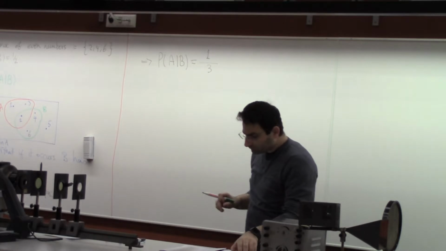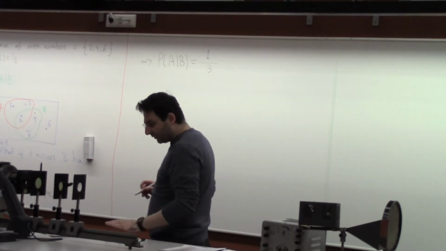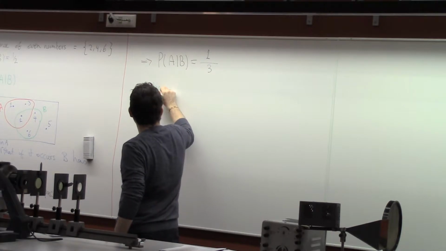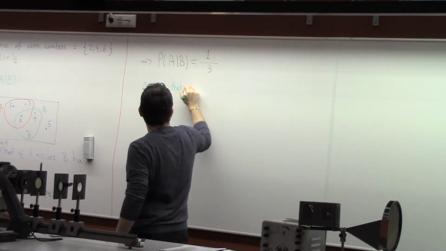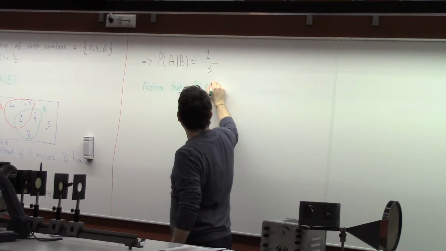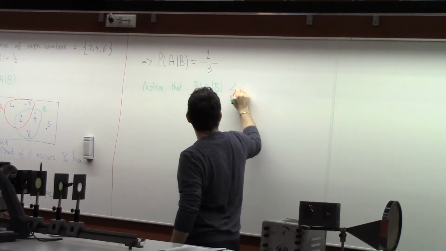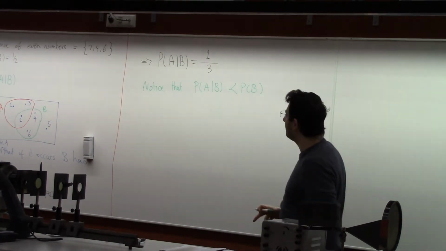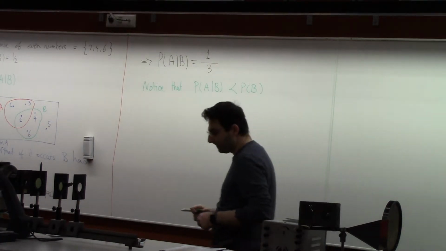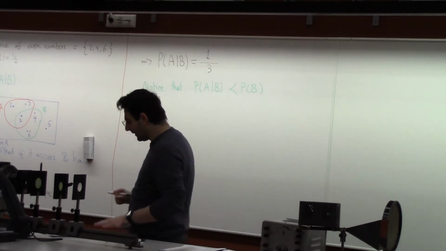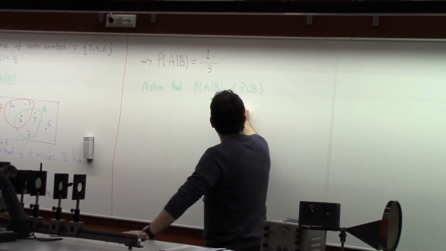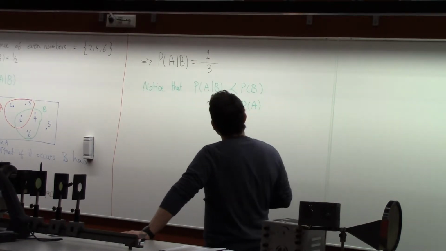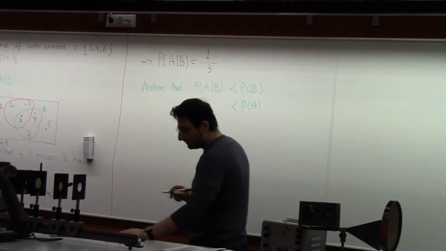Now, one important thing is this. Notice that the probability of A given B is less than the probability of B, which was 1/2, and less than the probability of A, which is also 1/2.